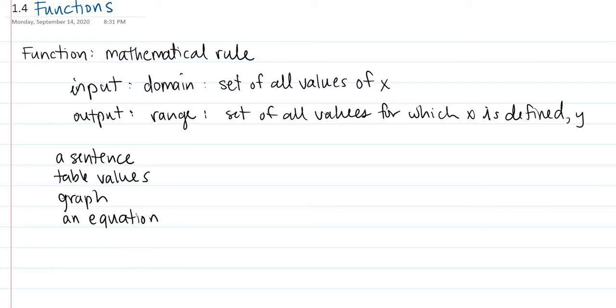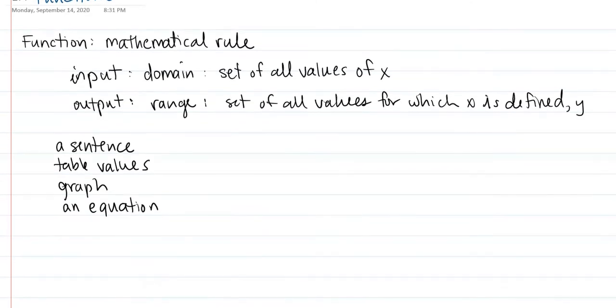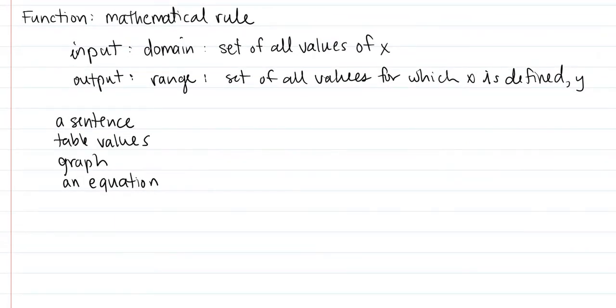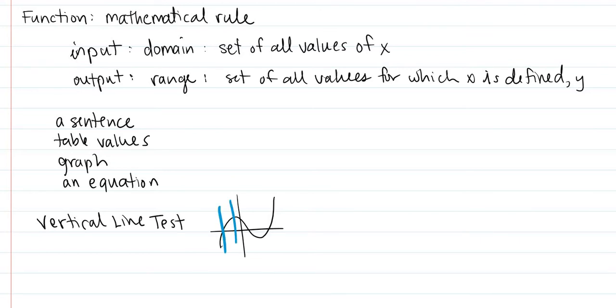To tell if you have a function, if you graph it, your function has to pass the vertical line test. Which basically means if you take a vertical line anywhere, it will only cross the function in one place.